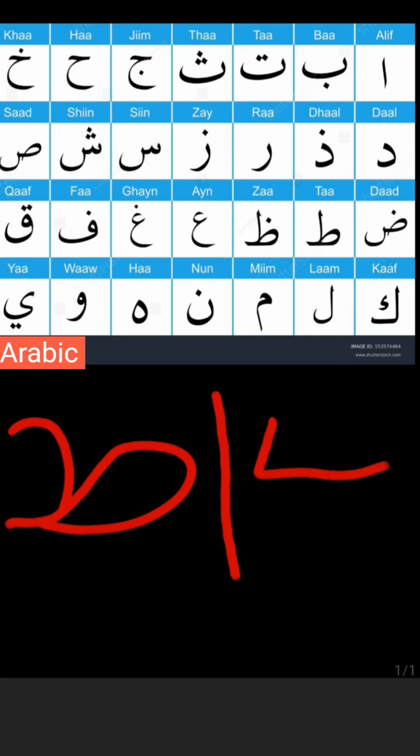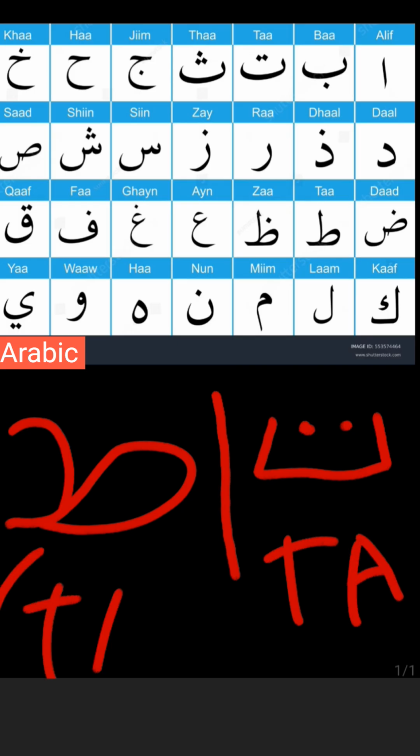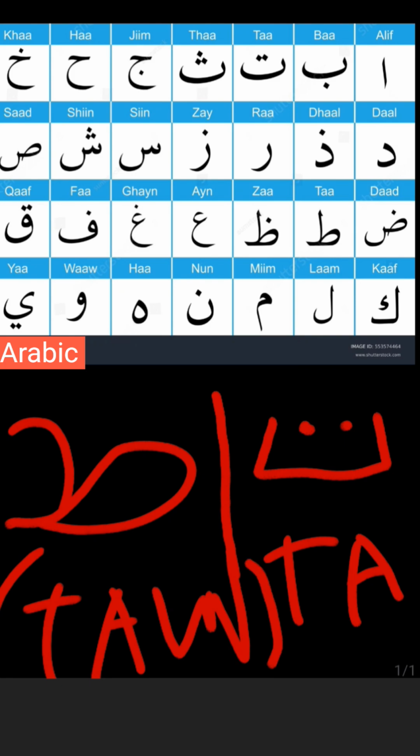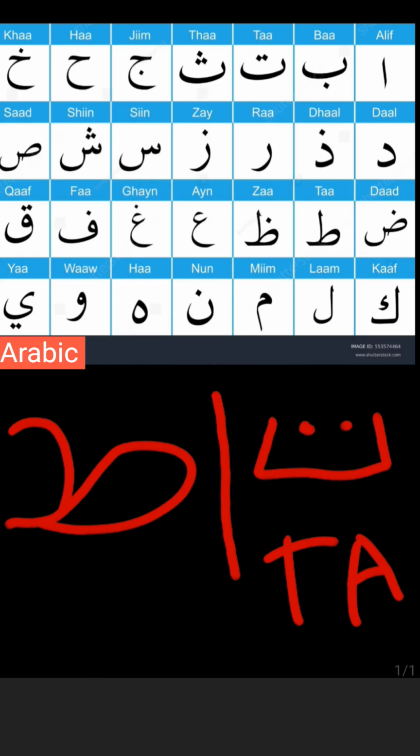If you said ta, you're correct. It's a deeper version of ta. So this is ta, and this is thaw, like a W. Thaw. And like this, there is not really an equivalent in the English language.